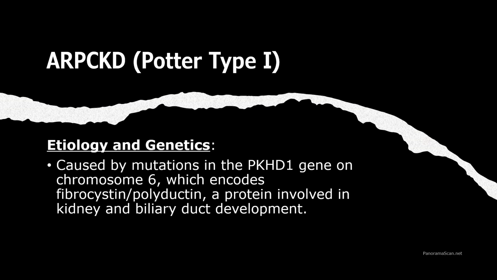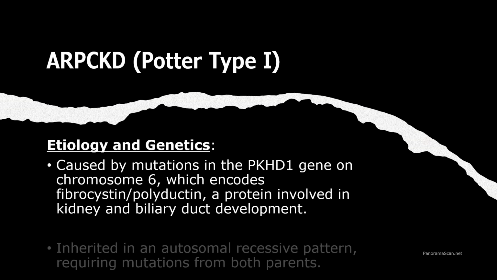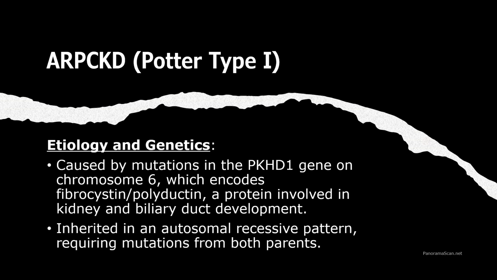The PKHD1 gene encodes a protein called fibrocystin, or polyductin, which plays a crucial role in the development of both the kidneys and the biliary ducts. When this protein is not functioning properly due to genetic mutations, it disrupts the normal development of these organs, leading to the cystic changes seen in ARPKD.